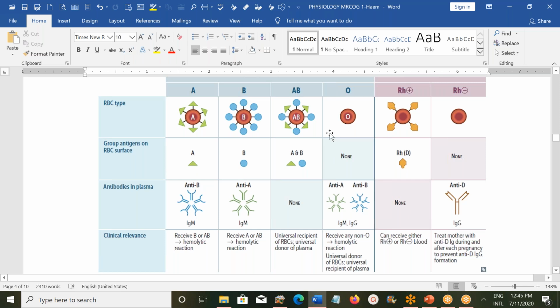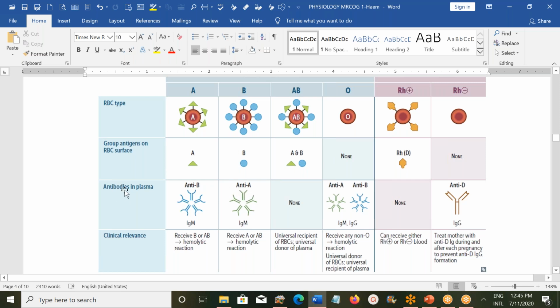This concept is very simple, right? Blood group A has A antigen. Blood group B has B antigen. Regarding antibodies, group A will have anti-B antibodies, pentamer, IgM. Group B will have anti-A antibodies.